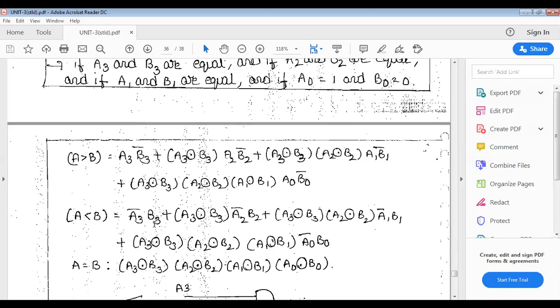You see, A3 bar and B3, if these two are equal, A3 exclusive NOR B3, A2 bar B2, plus A3 B3 equal, A2 B2 equal, and A1 bar B1, plus A3 B3 equal, A2 B2 equal, A1 B1 equal, and the last bit comparison, A0 bar B0. Both the equations are the same, but when A is greater than B, the A bits are uncomplemented. If A is less than B, the A bits are complemented.